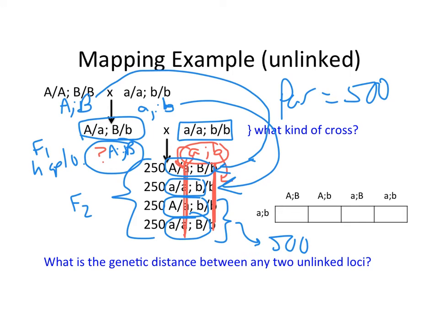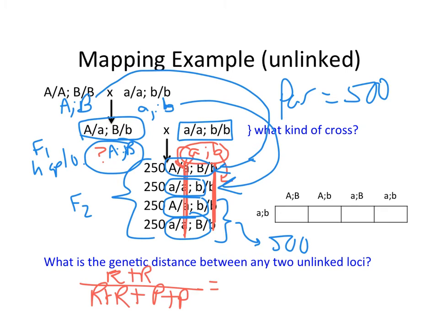Okay. So that's all you have to do to calculate genetic distance. You just want to know how many recombinant gametes were there, how many parental type haplotypes were there. So how do we calculate genetic distance? It's just as easy as adding up all of the recombinant types and dividing that by the total number of observed gametes.